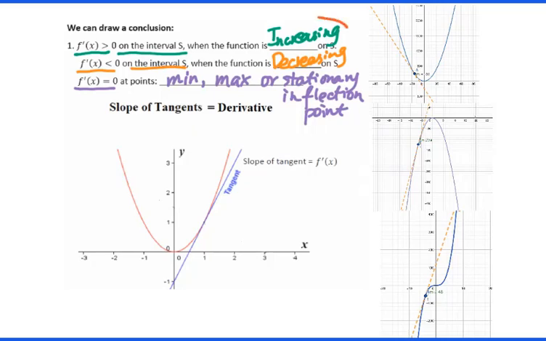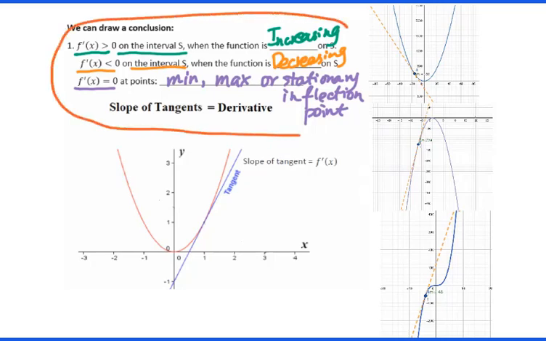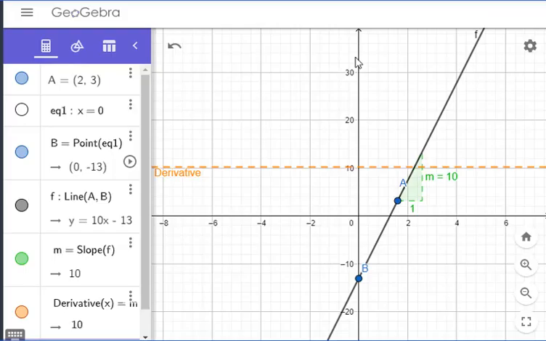This is the rule you really need to remember, so that we can analyze the graph to decide in what interval the derivative is negative or positive or equal to 0.